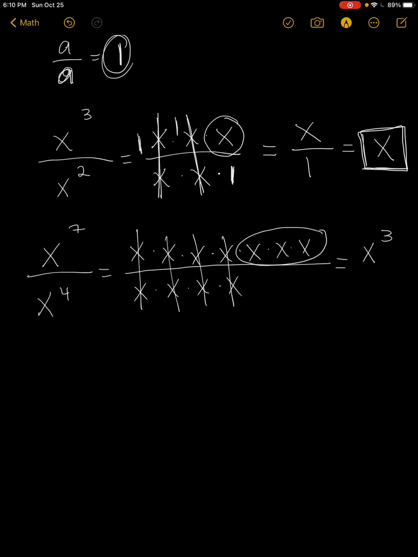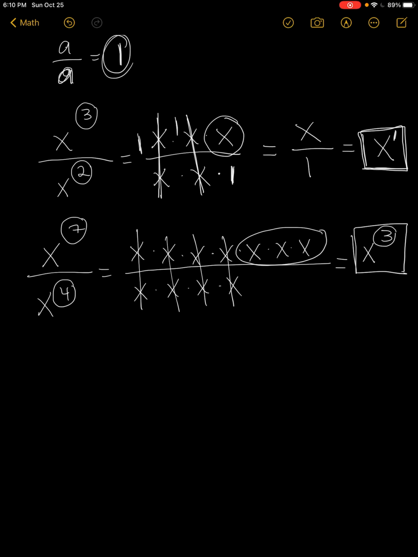That's my answer. But I want you to notice the pattern here. 7 and 4. What happens if I go 7 minus 4? I get 3, right? How about if I have 3 minus 2? I get 1. Technically, if there's no exponent, that means the exponent is 1, right?